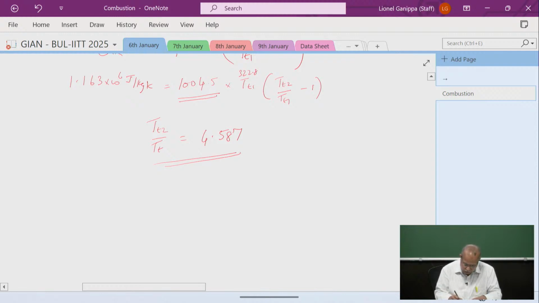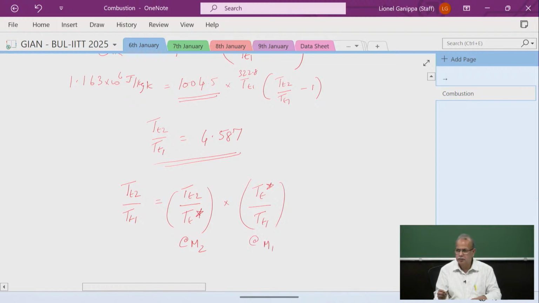Now we have to use this expression: TT2 by TT1 is equal to TT2 by TT star corresponding to M2 from the Rayleigh table, and then into TT star by TT1 corresponding to Mach 1.